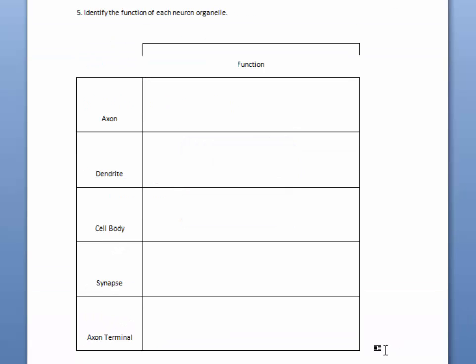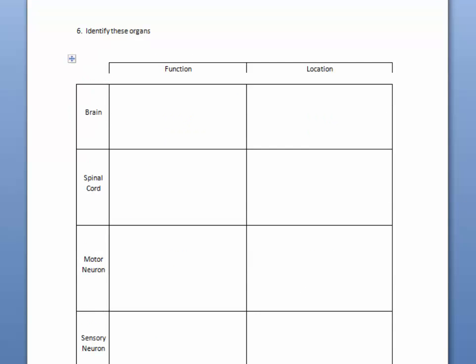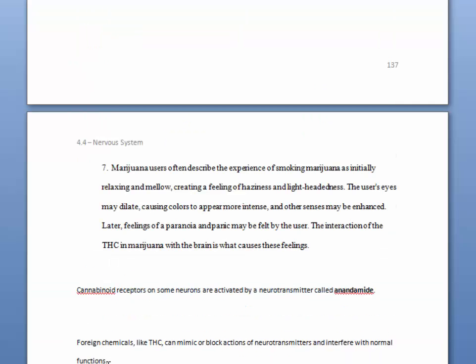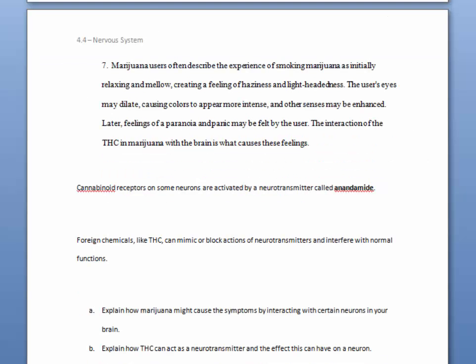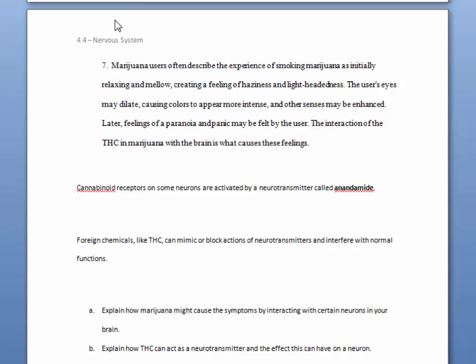So this chart right here, page 111. This chart, page 115. And the 7th question is a bonus question if you want to answer it. It's about marijuana, so it's pretty fun.